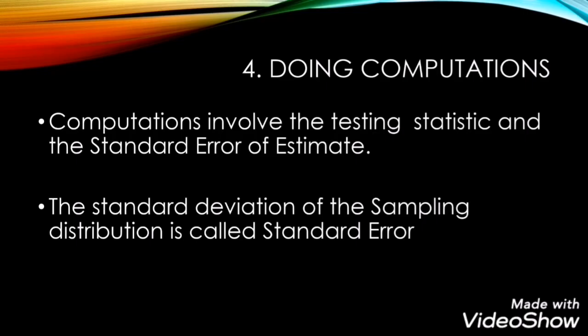So in this fourth step, we are identifying the probability distribution, identifying the type of test which is applicable to the problem in hand, computing the test statistic applicable to that probability distribution, and then computing the standard error for that distribution.